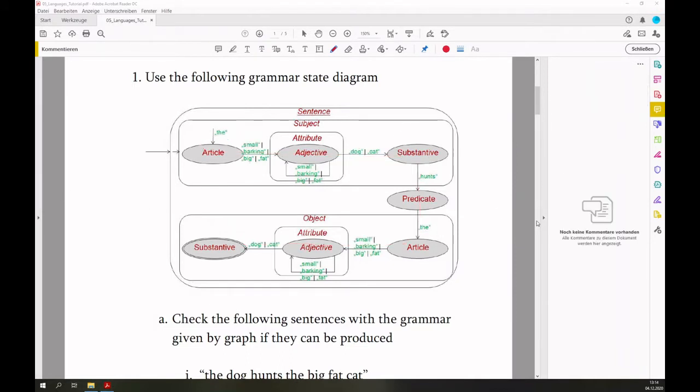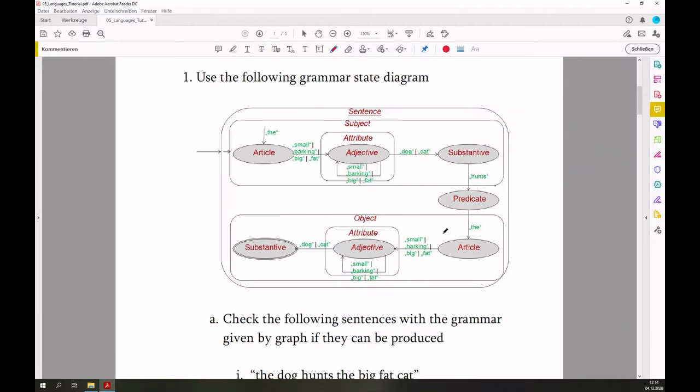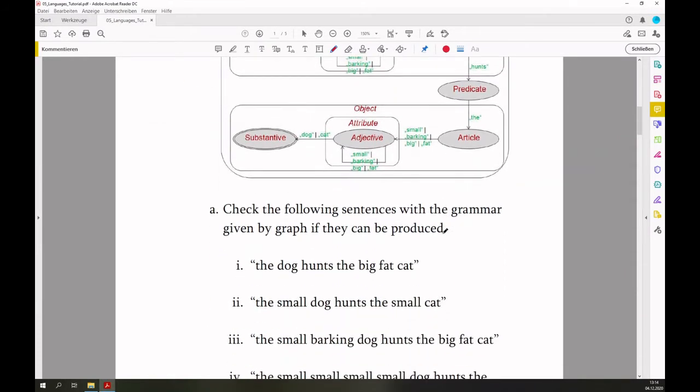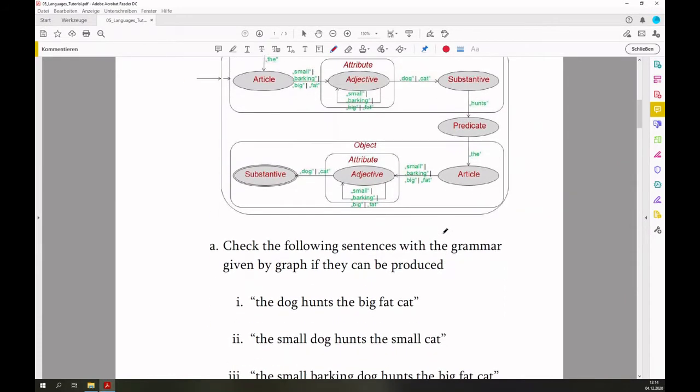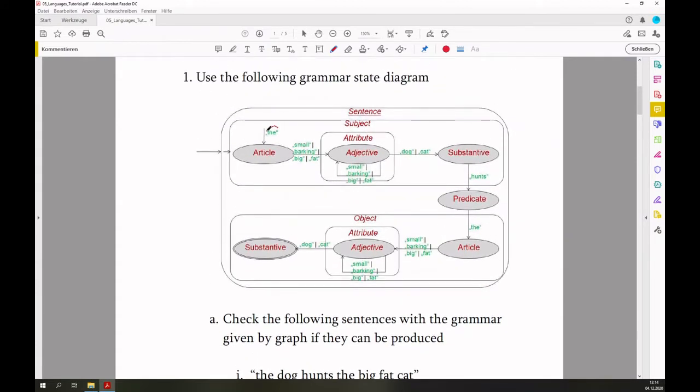Let's do the third sentence. The small barking dog hunts the big fat cat. You see, we now use this arrow or this edge to the same node, and therefore we can do this.